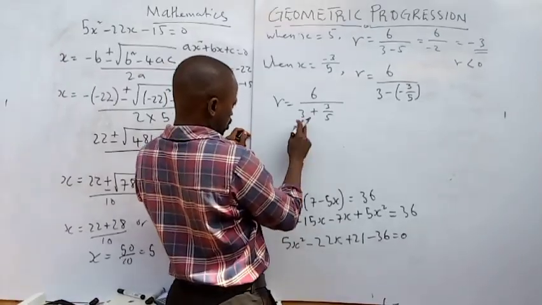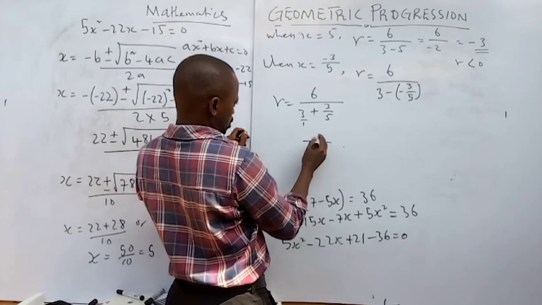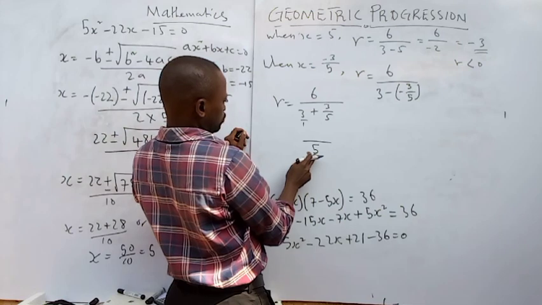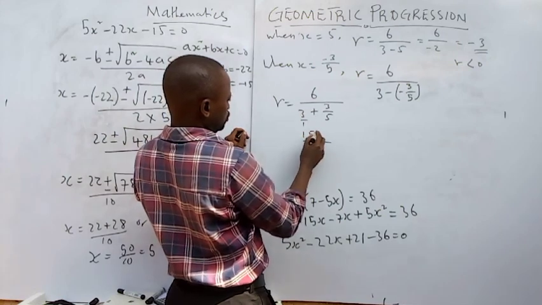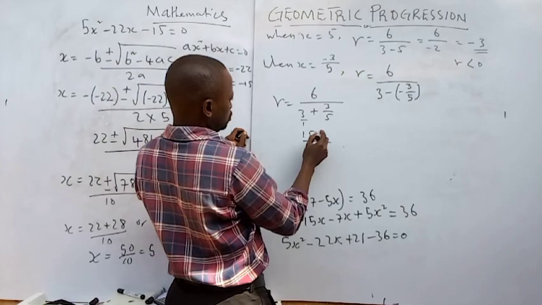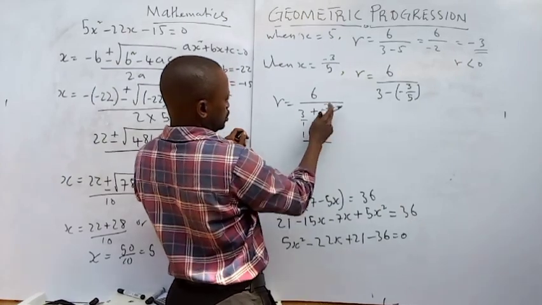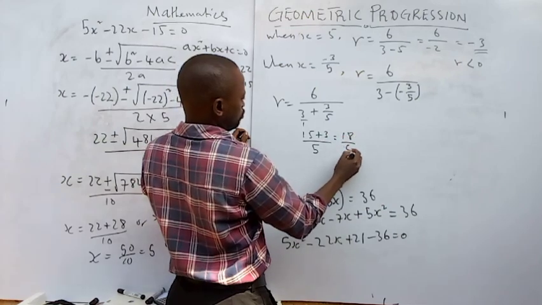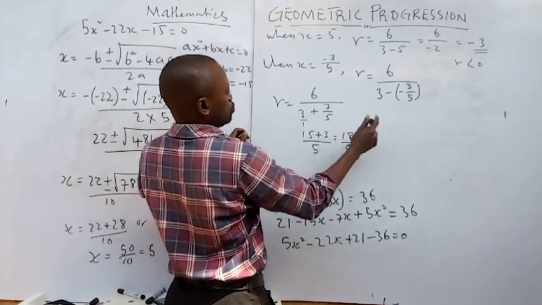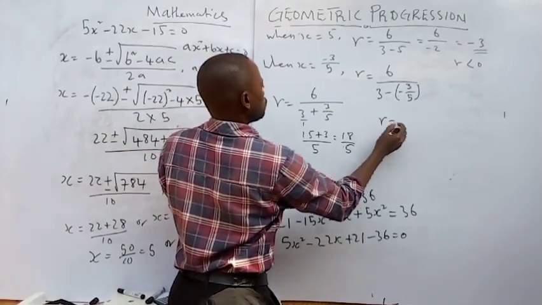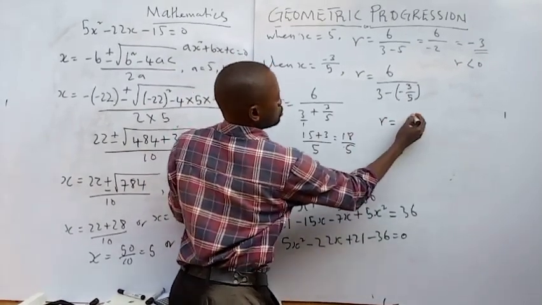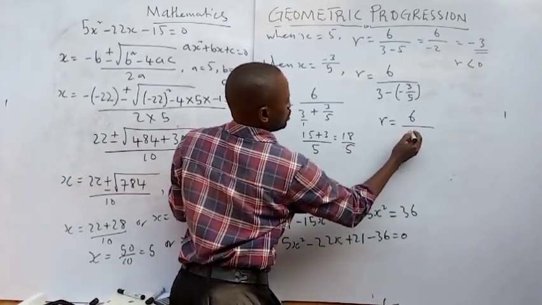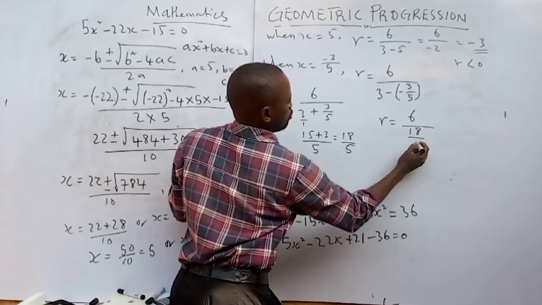We will have here, let's say this is over 1. LCM here is 5. So 1 into 5 is 5. 5 times 3 is 15. 5 into 5 is 5, plus 1 times 3 is 3. So we have 18 over 5 as the denominator here. So we can proceed and say r is equal to 6 over 18 over 5.